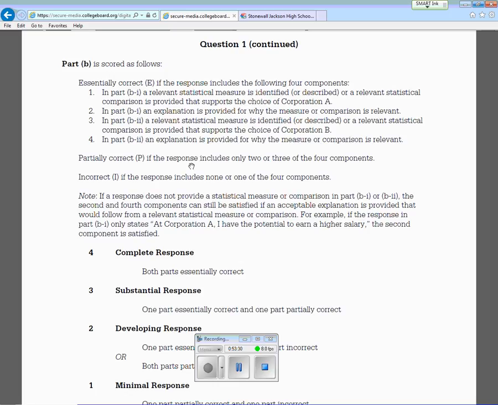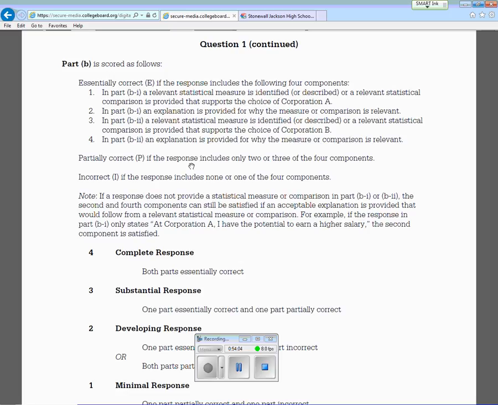So look at this, it says, for example, if the response in part 1 only says, at Corporation A, I have the potential to earn a higher salary, the second part is satisfied, but not the first. Because you didn't use 3 out of 10. Does that make sense? So if you said the potential, you got the explanation. But you have to give some sort of measure, some sort of statistic, like those top 3 are larger than the others. You understand what I'm saying?